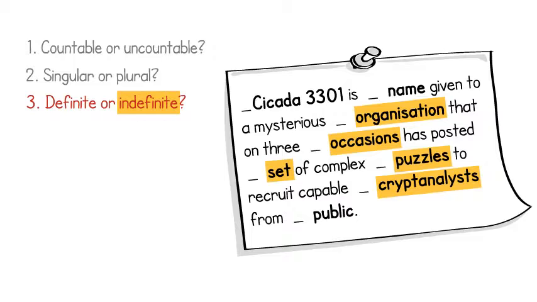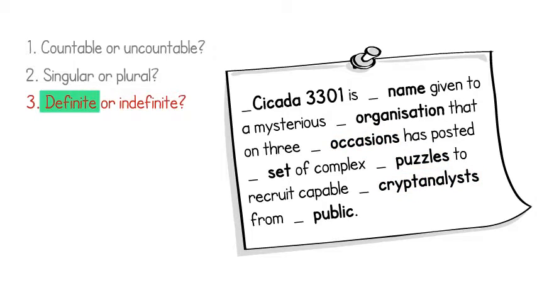They have not been previously mentioned, and they are not unique or uniquely specified. Singular indefinite nouns, organisation and set, take the indefinite articles a and an. Plural indefinite nouns, puzzles, occasions, and cryptanalysts do not take any article.